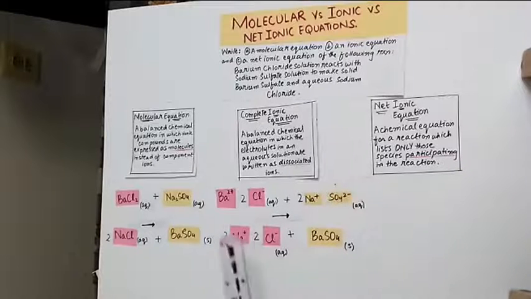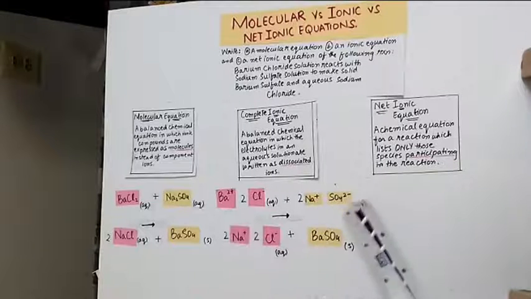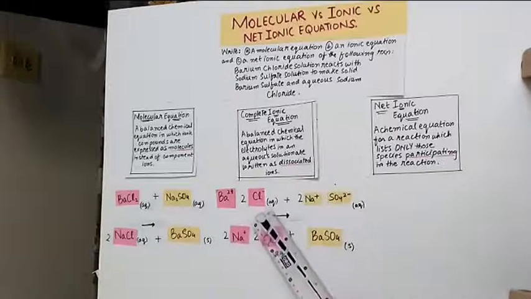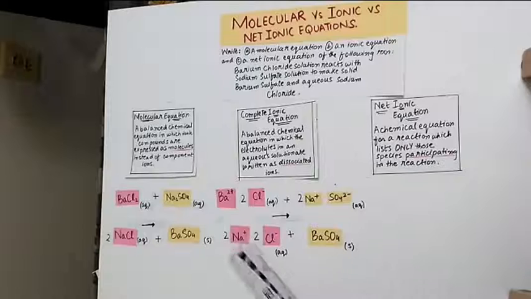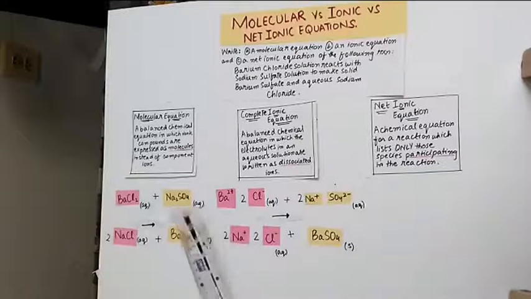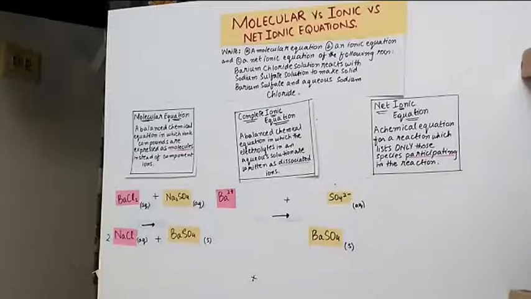If we were to transform this one into a non-ionic equation, we look at the reactant side, above the arrow. We see 2 chlorides here, and 2 chlorides there. We see a barium here, but we don't see a barium ion there. The barium inside the barium sulfate is committed to the barium sulfate molecule, and you can't do anything to it. So it has to stay there. It doesn't have a partner on the product side to take it away.